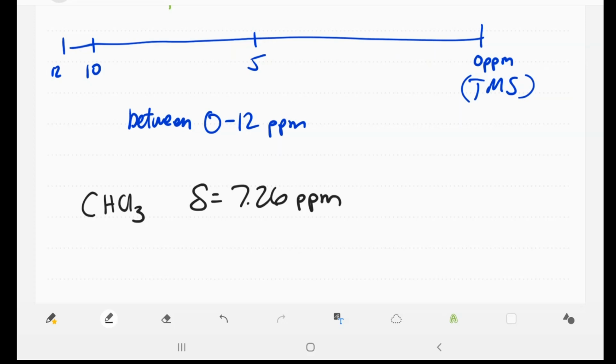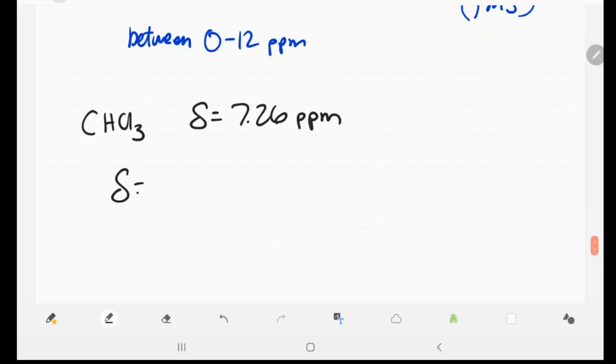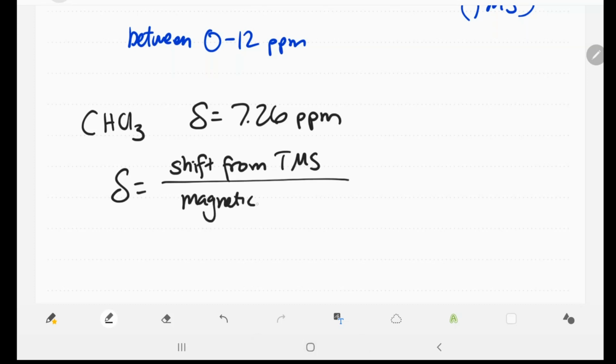Typically, though, this is calculated by the shift from TMS over your magnetic field. And depending on what your magnetic field is, your shift from TMS will be slightly different.